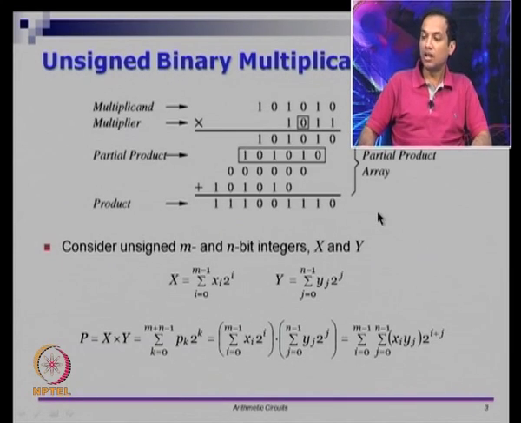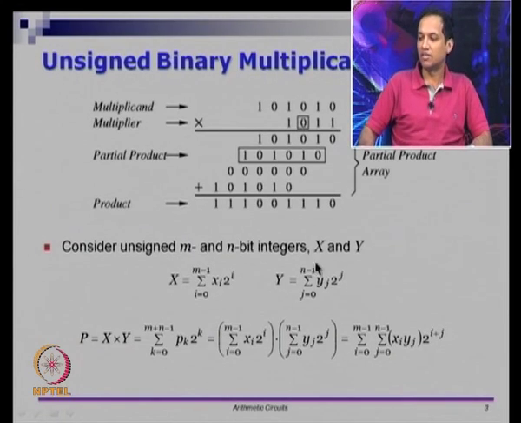Okay. Now, in general, let us say I want to multiply two numbers x and y, where x is an m bit number and y is an n bit number. Then the value of x is the sum over i equals 0 to m minus 1 of xi times 2 power i. This is an unsigned number, so it is a positional representation.